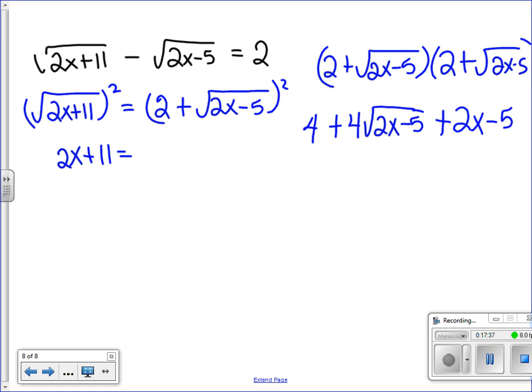So when you clean this up, you end up with negative 1, 2x plus 4, 2x minus 5. That's what you end up with. So when you clean this up, guess what happens to that 2x? Canceled. Gone. Watch your math.